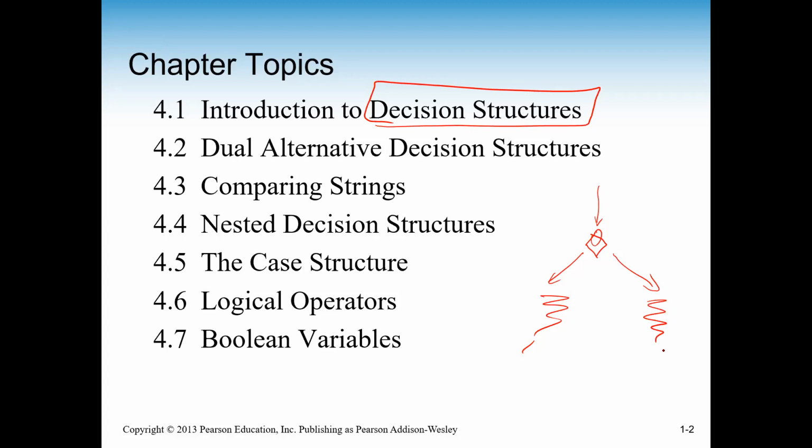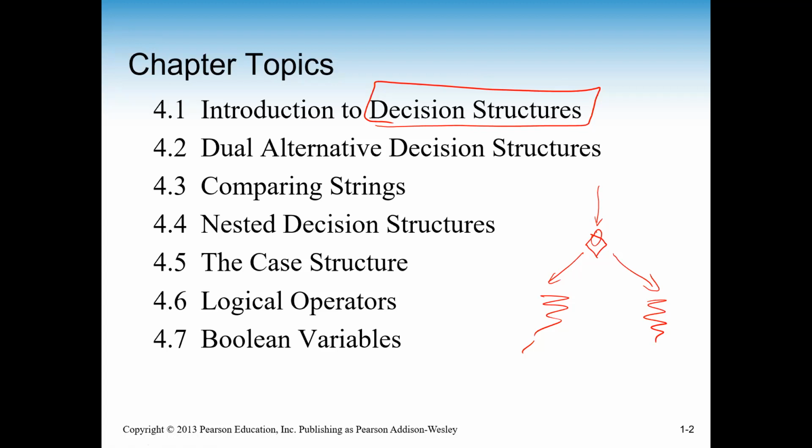You have to make that decision there. We do that a lot in programming, and it's very important actually. So we need to explore this concept in a lot of detail.